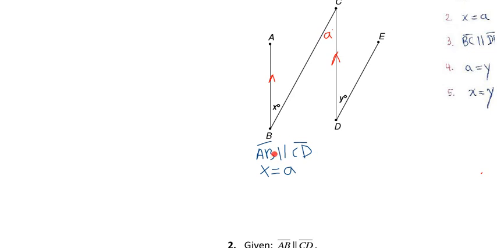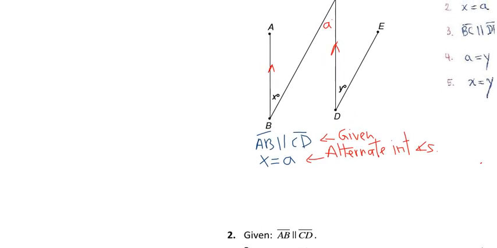You need to mention it because from here you are getting that X is equal to A. So this was given to us. And we know it because X and A are alternate interior angles. And we know that alternate interior angles are congruent. I'm just saying alternate interior angles here in the planning.